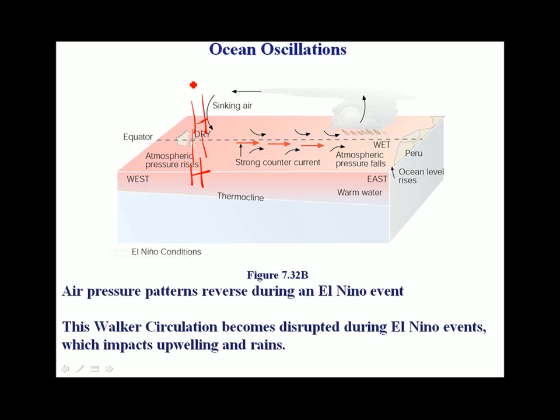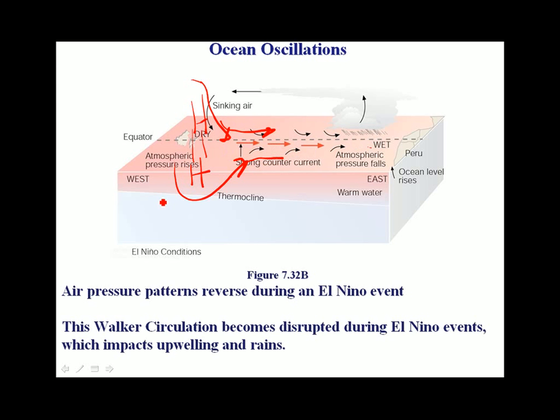And so we know that we have sinking air like this, counterclockwise air moving like this. And so now the winds are driving the ocean current to the east. And you remember all this warm water that we had at the surface? The deep warm water is now moving back toward the east.